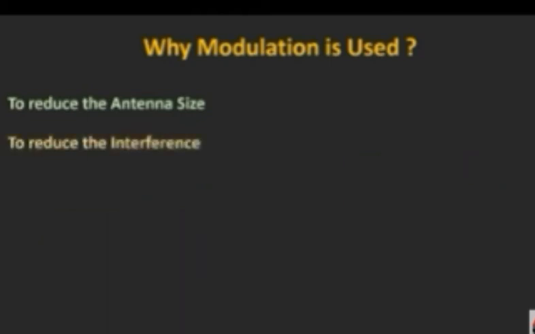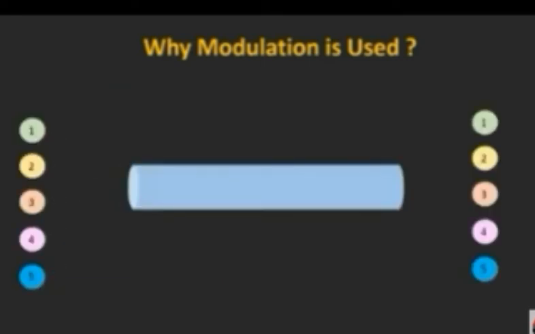Then the second reason is to reduce interference. Just imagine in a single room, if three persons are talking to the same person at the same time, that person won't get anything, right? Similarly, if 5 different voice signals in the same frequency range are transmitted without modulation through a single channel, then there will be interference between them, and we won't get the transmitted signal.